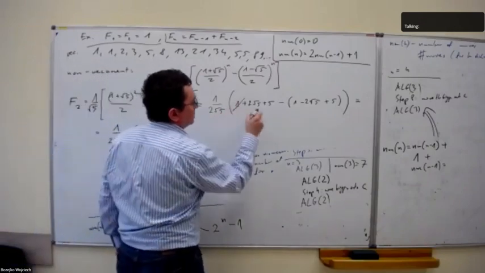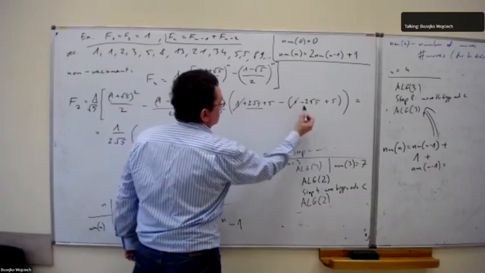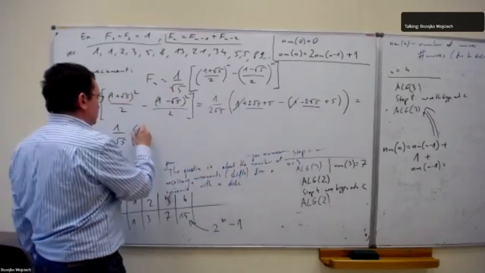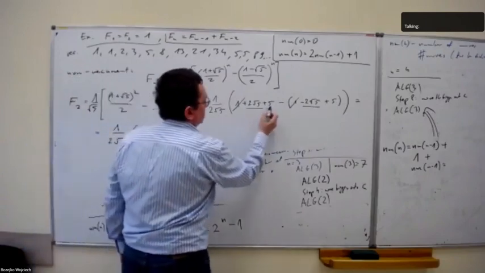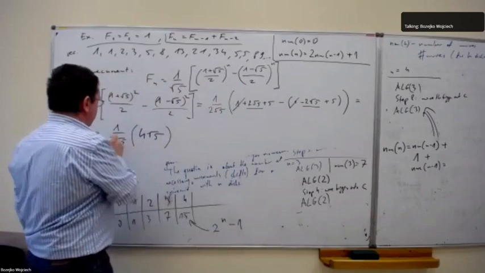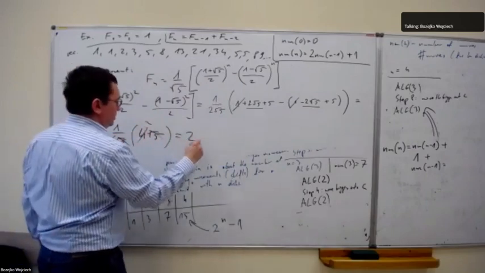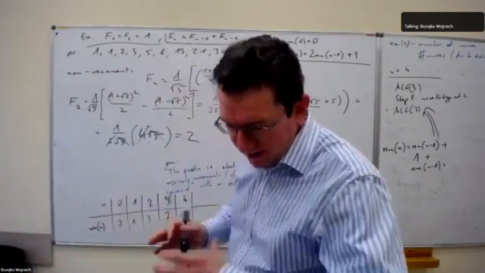Here we have 1 minus 1, which is 0, and 2 square root of 5 plus 2 square root of 5, so this is 4 square root of 5, and 5 minus 5. So this is 2, this is square root of 5. Finally, this is 2.